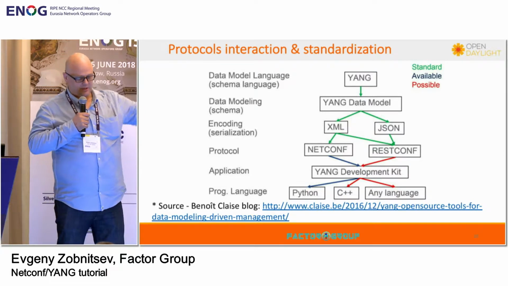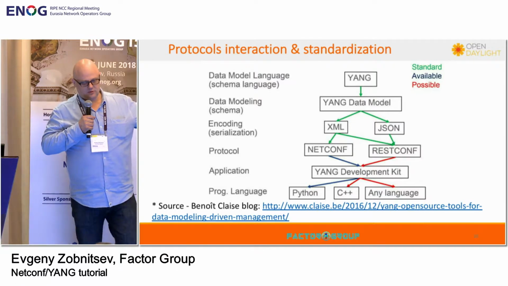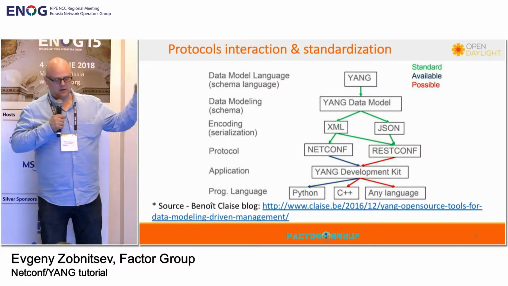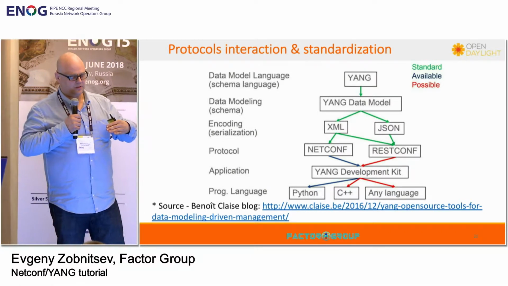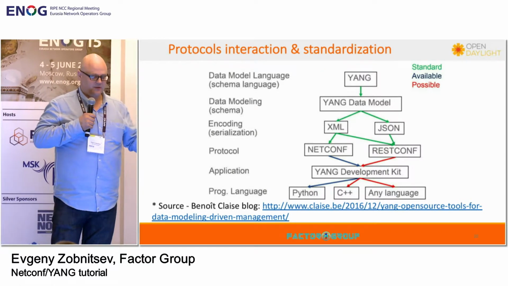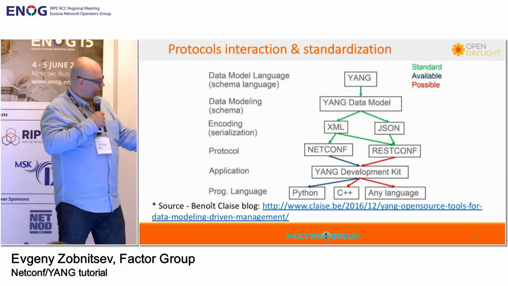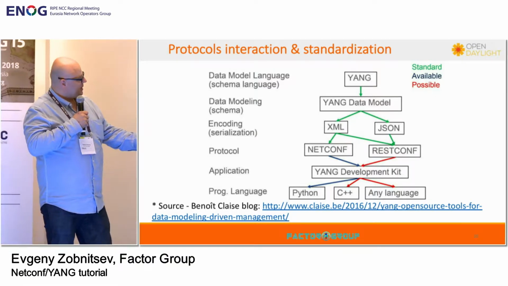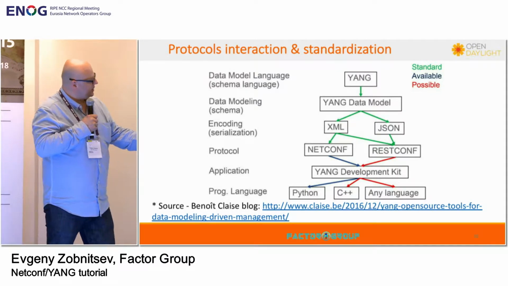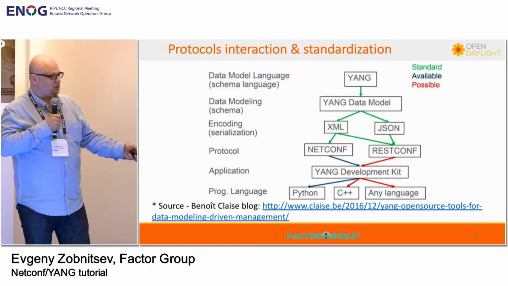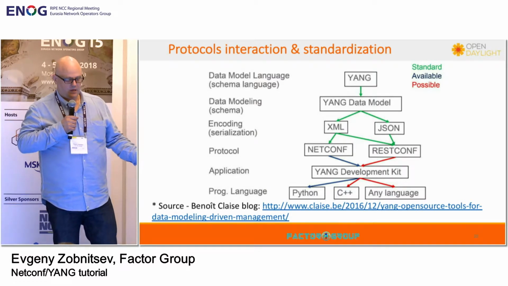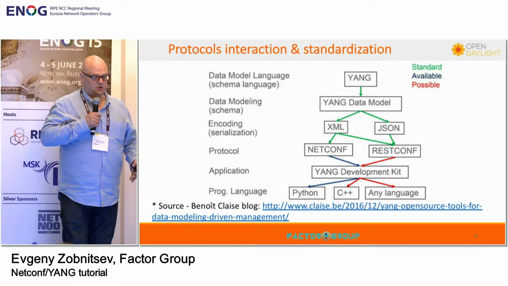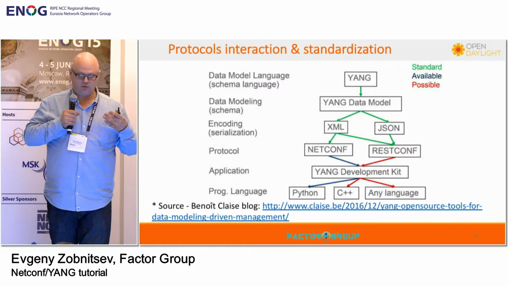So looking at what we have been discussing from the point of view of service registration domain, the YANG data model is described in the YANG language, so the models can be sent through XML and JSON, depending on encoding, and through RESTCONF and Netconf protocols to the relevant application.